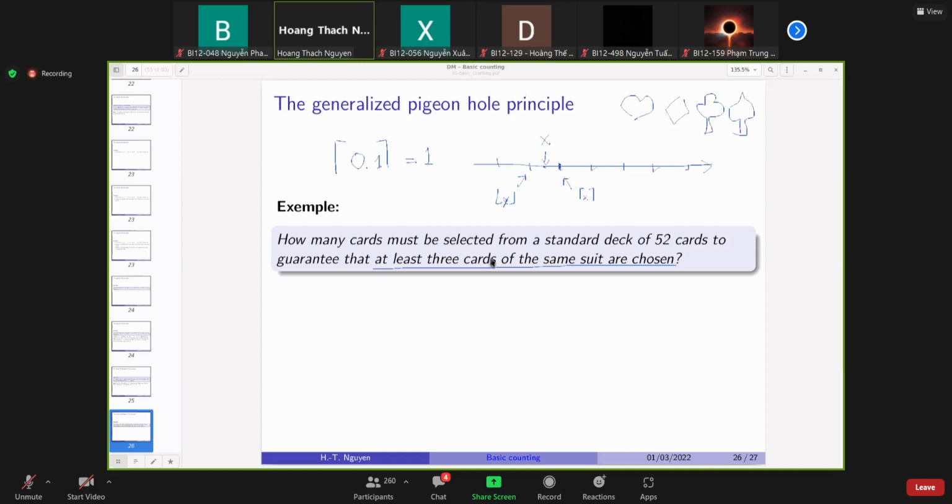So we look at the worst case. In the worst case, there will be 2 cards of every suit, which does not satisfy this condition.